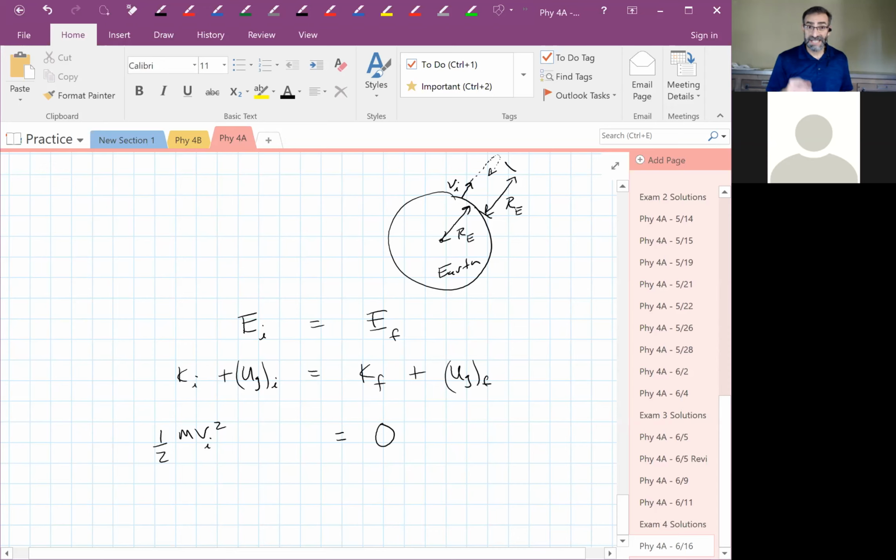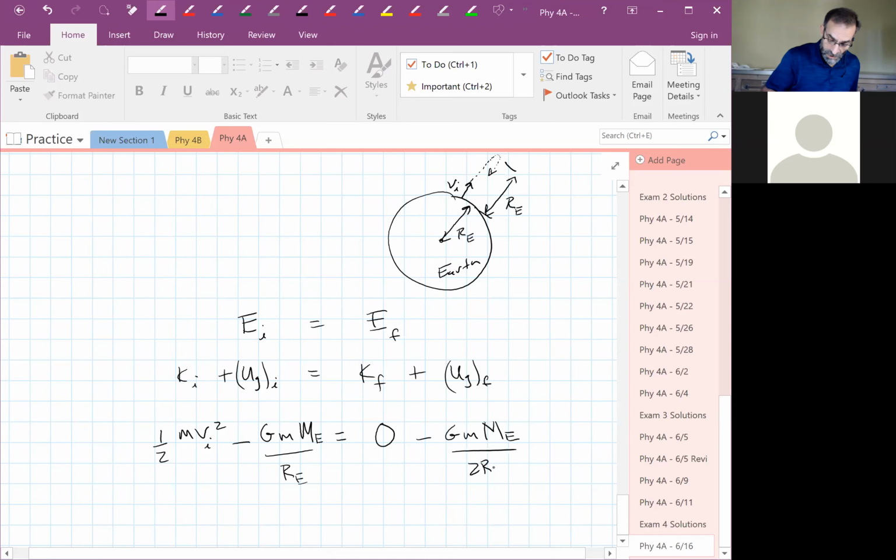Gravitational potential energy is negative, so we need our minus sign here. Minus G M Earth over R Earth. And at the end, it's minus G M Earth over 2 R Earth.